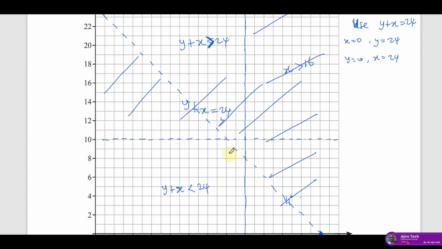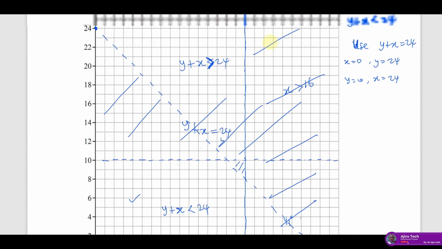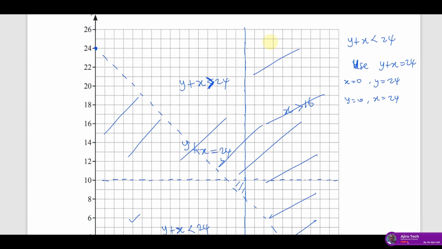We need y plus x less than 24, so this region below. So we cancel the region above, and cancel this one too. You can remove all these things and do a proper cancellation. This is just to show you where you're cancelling.